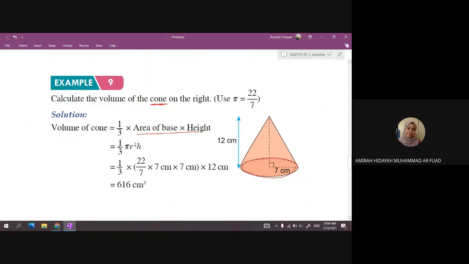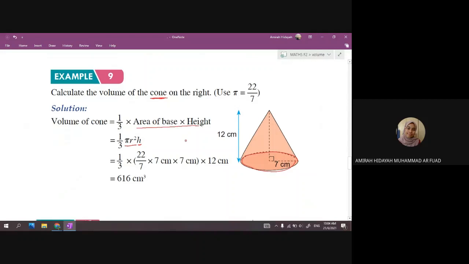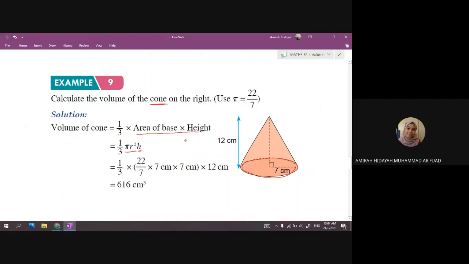So that's why times 1/3 times pi r square times height. Kalau tadi cylinder dia cross section, tapi kalau untuk cone, dia area of base, not cross section, right? Times height ni samalah dengan yang cylinder tadi. Cuma dekat sini je yang berbeza.